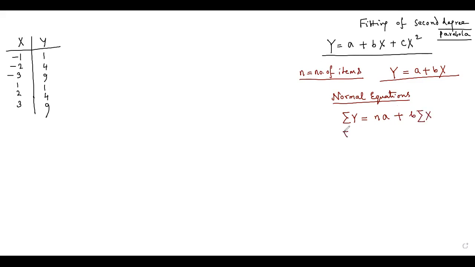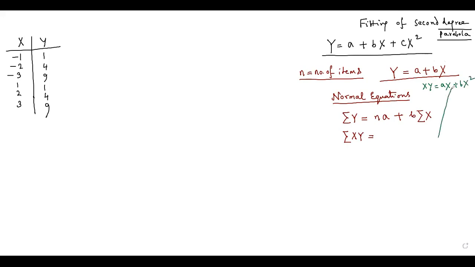And the second normal equation that we get, we multiply both sides by x, and then these terms on both sides are preceded by a summation. So when we multiply the equation by x from both sides, we get xy is equal to ax plus bx square.